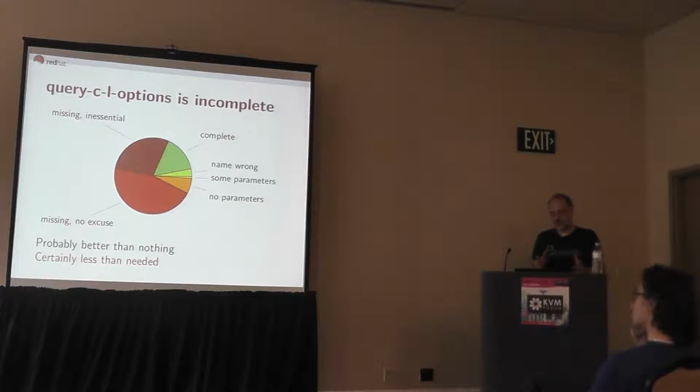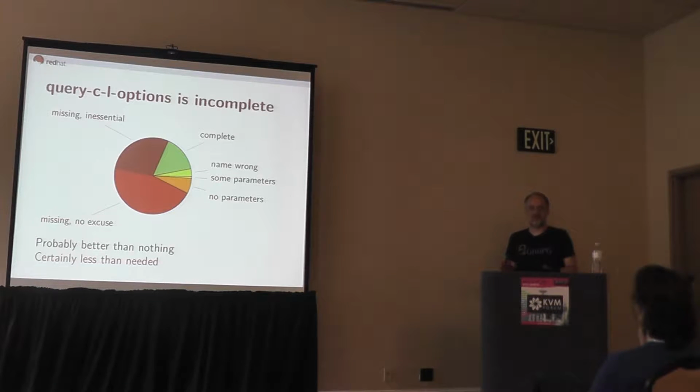This chart shows status of query-command-line-options for all the supported options. The dark green pie is where the information it returns is correct and complete. The yellowish green pie, well, it's correct and complete, except the option name is pointlessly wrong. So you need to know how to map the incorrect option names to the correct ones.